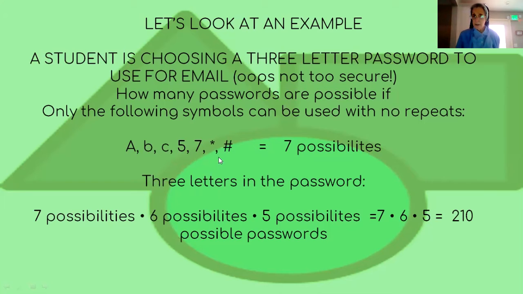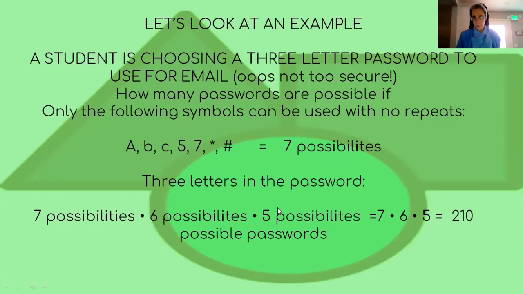Okay. Now the next event, if I pick an A, I can only pick the remaining. If I pick a B, I can pick the remaining 6. If I pick a C, I still have 6 remaining to pick from. So the next time I choose a letter or a symbol for my password, I have 6 possibilities. The next time, I've used 2 of them, let's say for simplicity's sake, I've used these first 2. How many do I have to pick from? 5.